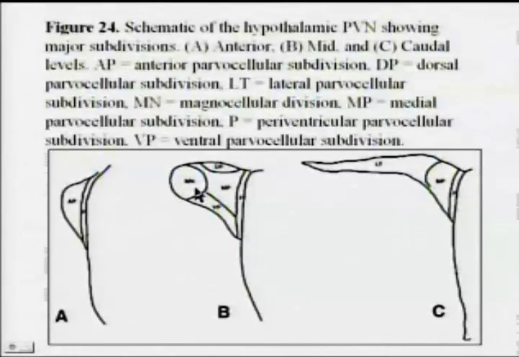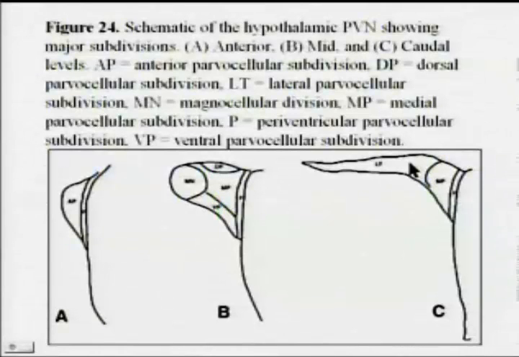or subnucleus, and then the parvicellular is divided into a dorsal parvicellular, medial parvicellular, ventral parvicellular, and then a periventricular parvicellular subdivision. We get into the caudal level or posterior level. There's a posterior magnocellular cell group with the periventricular parvicellular continuing and a lateral parvicellular subdivision as well.